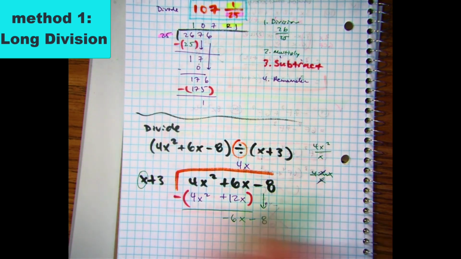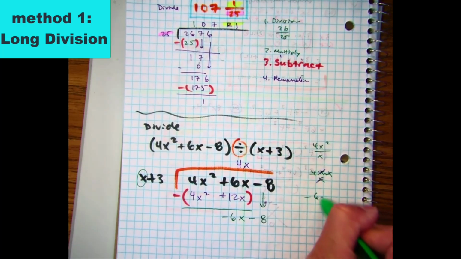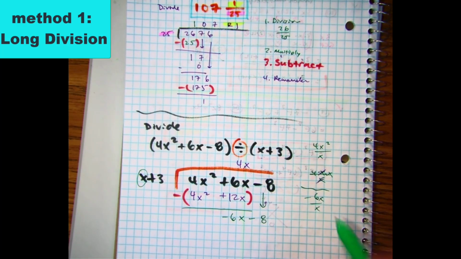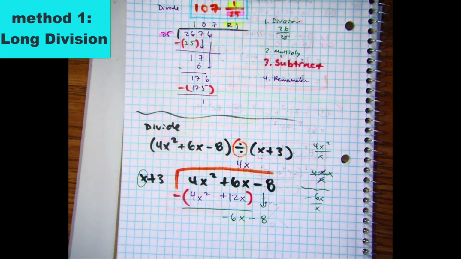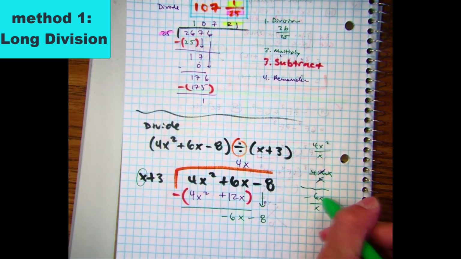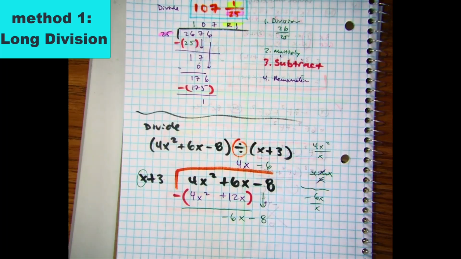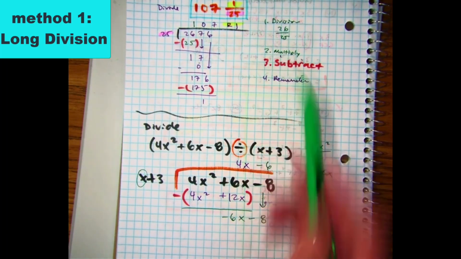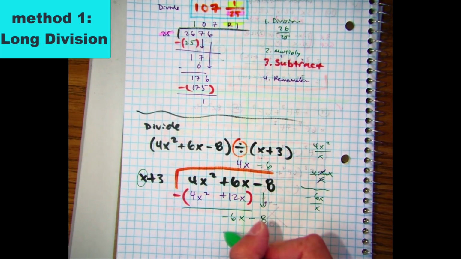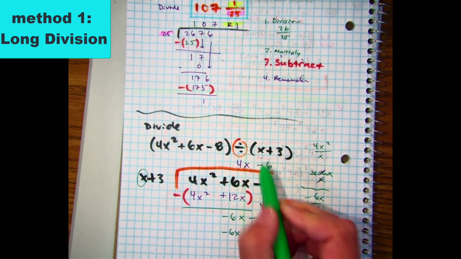Class, how many times is x going to negative 6x? 1. You just simplify that, right? You cross off your x's and you're left with negative 6. And then now we're going to multiply. Class, negative 6 times x? Negative 6x. Negative 6 times 3?